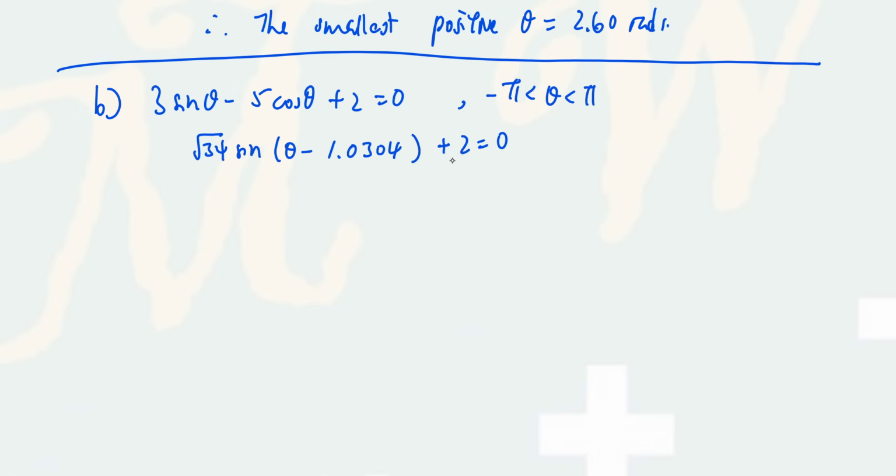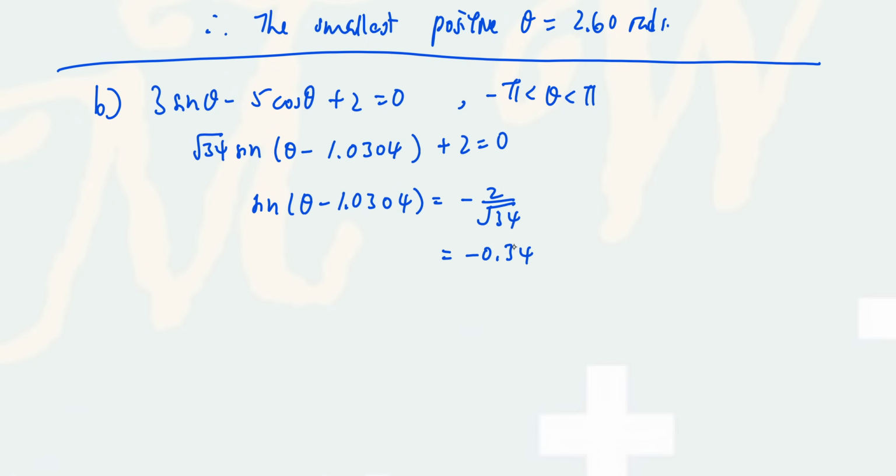Then the 2 will be moved to the other side and the square root 34 moved down as well. So sine theta minus 1.0304 equals negative 2 over square root 34. Then you will be getting negative 0.34.